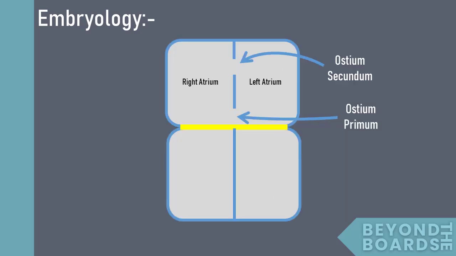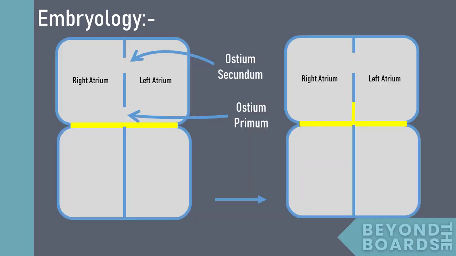So after the development of the septum primum and the ostium primum, another hole will form at the top of the septum primum, and this one will be named the ostium secundum, literally the second hole. What happens is that cells within the upper part of the septum primum undergo apoptosis and die, and so you get resorption of some part of that septum, and at the same time the endocardial cushions will start growing towards the ostium primum from the bottom, and eventually sealing it off.